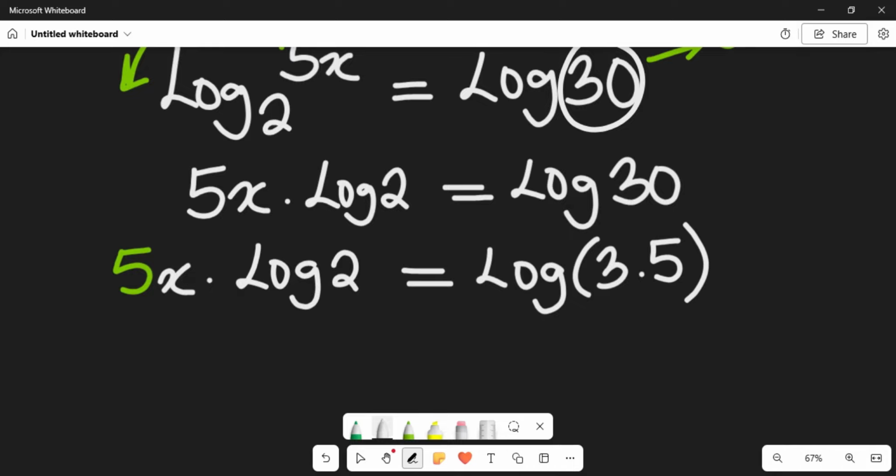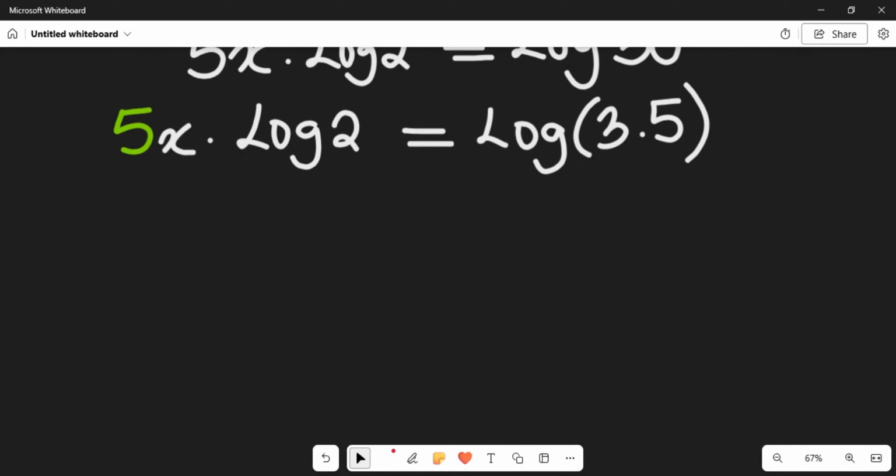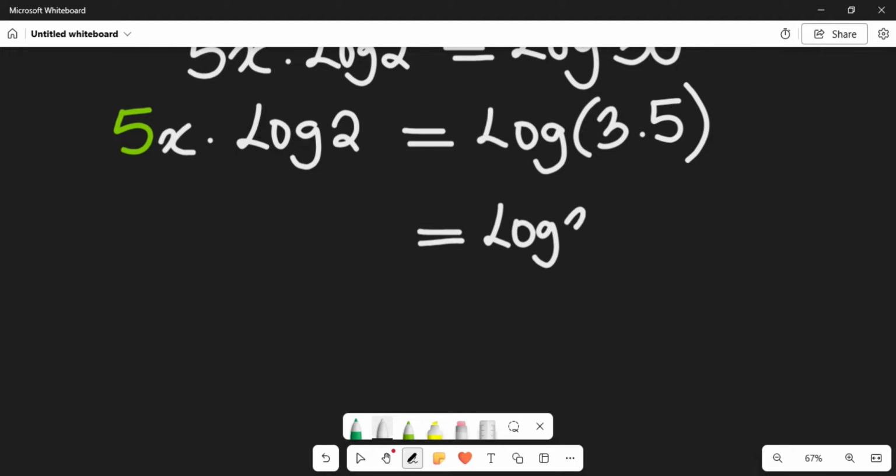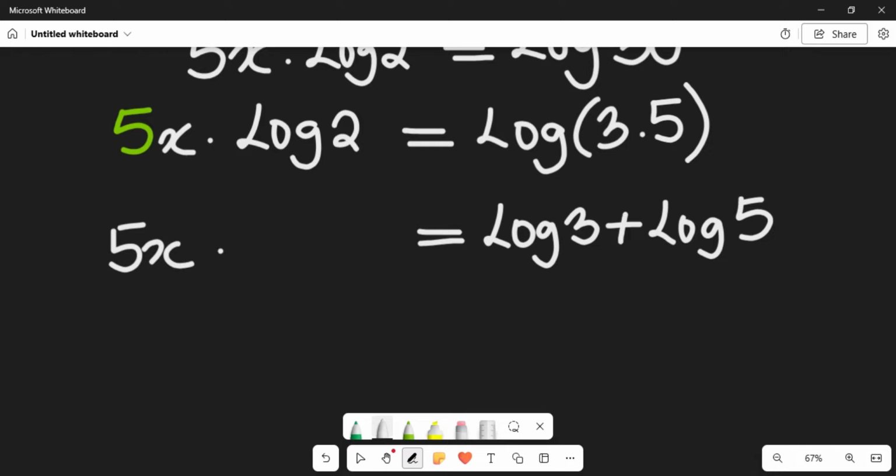That way we can simplify this whole expression. So if we have log of 3 multiplied by 5, remember the product rule of logarithm. That expression will simply be equal to the log of 3 plus log of 5, right? Good. Applying the product rule of logarithm, we'll have this to be 5x multiplying the log of 2.